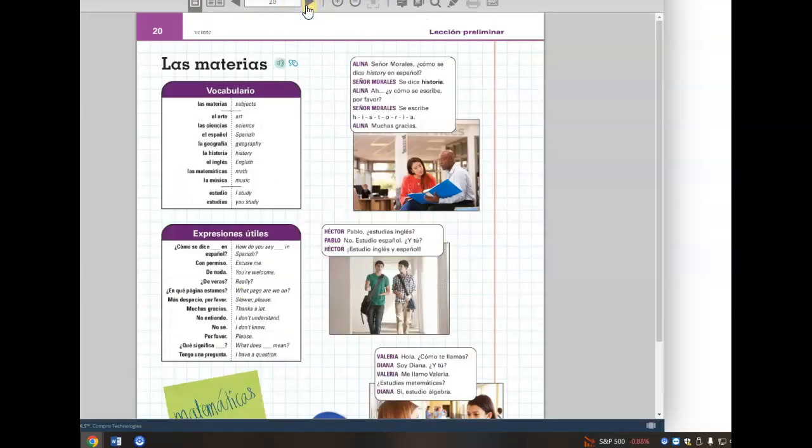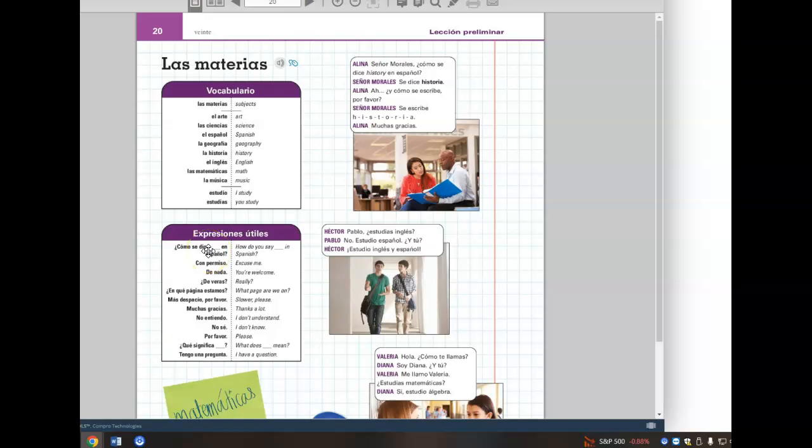Today, you have a handout with your class subjects. And so this is what we're going to do today. You guys are going to, first and foremost, take down this key vocabulary that's on page 20, your classes, and then some useful expressions within the classroom.